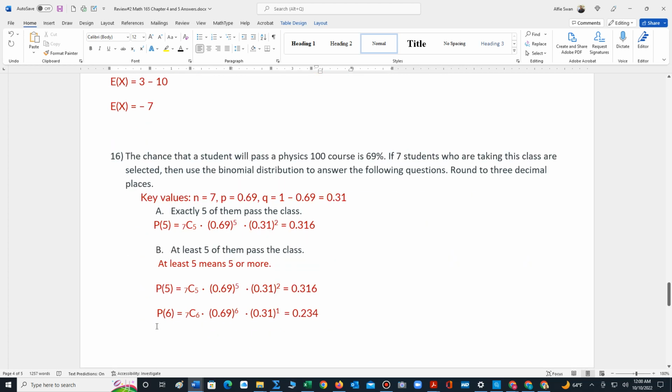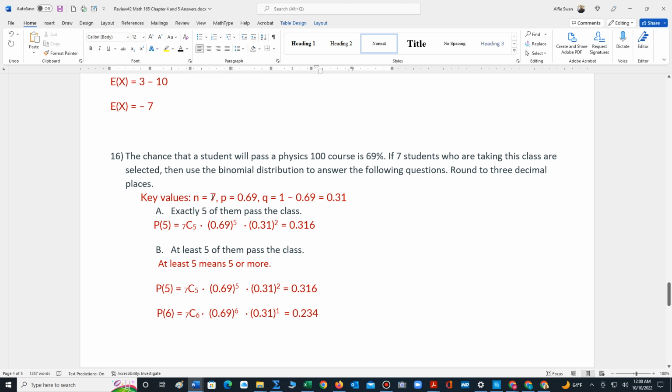Number 16 is a binomial distribution problem. It states the following. The chance that a student will pass a Physics 100 class is 69%. If 7 students taking the class are selected, use the binomial distribution to answer the following questions. So n is 7.